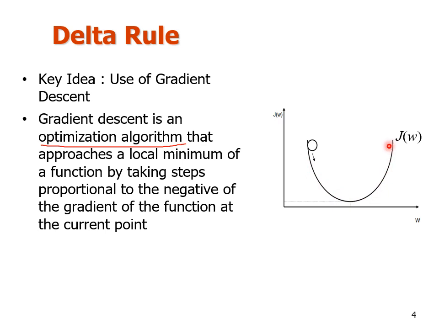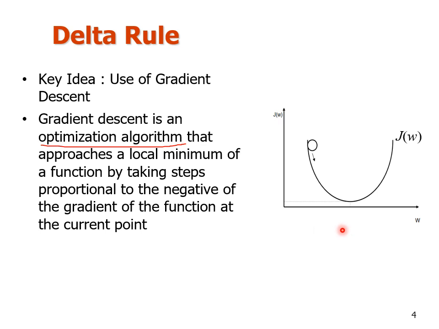Please look at this slide. We are having a parabolic representation, something like this. So this is a convex function, and we are interested in finding the gradient of this function.